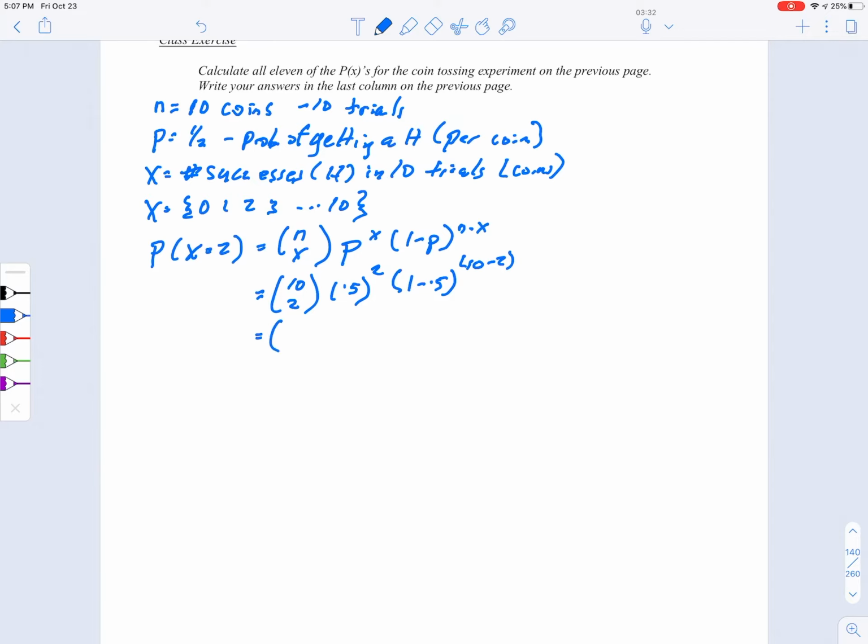So that's going to be 10 choose 2 times 0.5 squared times 0.5 to the 8th power.